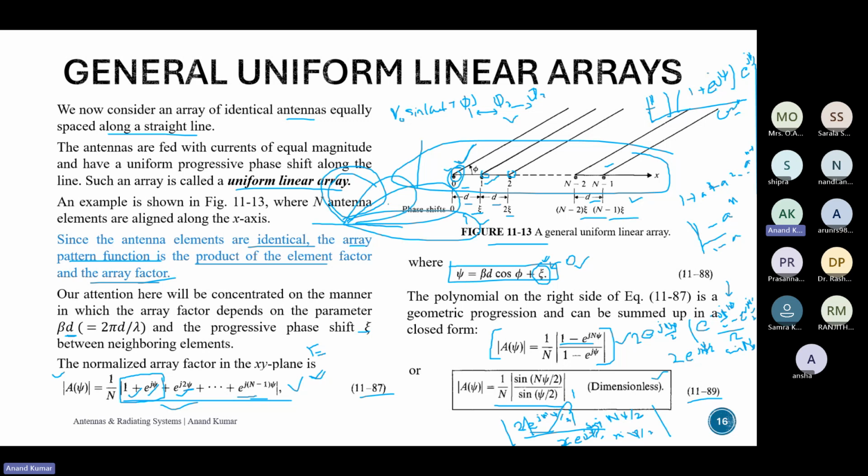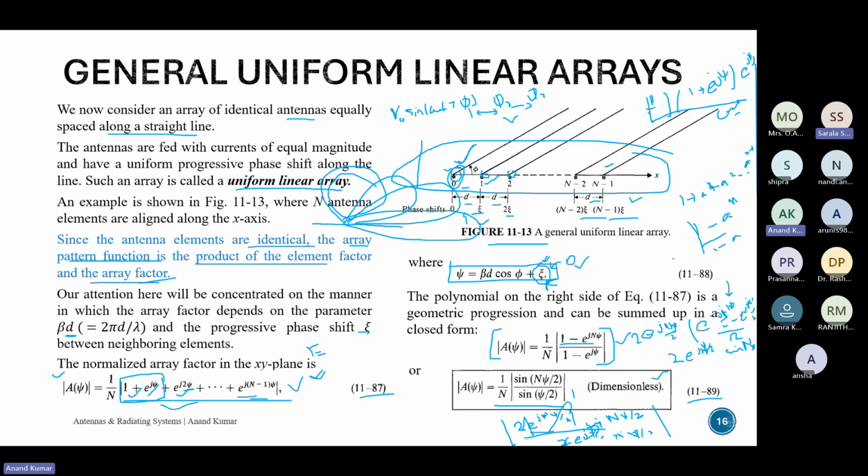So you can basically tune the beam in different directions by varying this phase value. So there is no standard value for an array; it could be different values, and this has to be optimized essentially when you're designing an array or a phased array. This xi value will change.